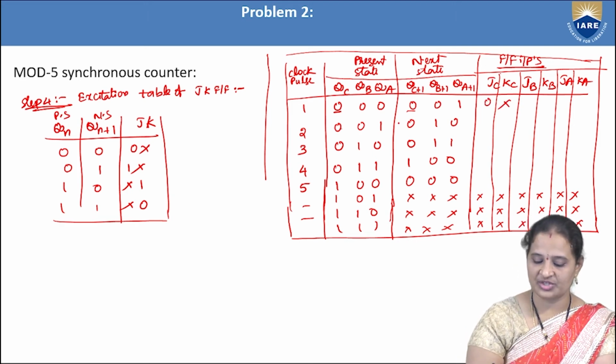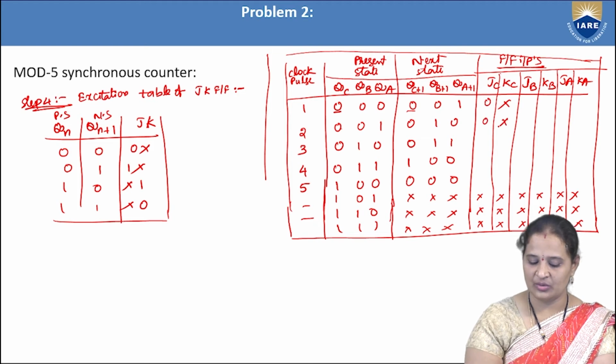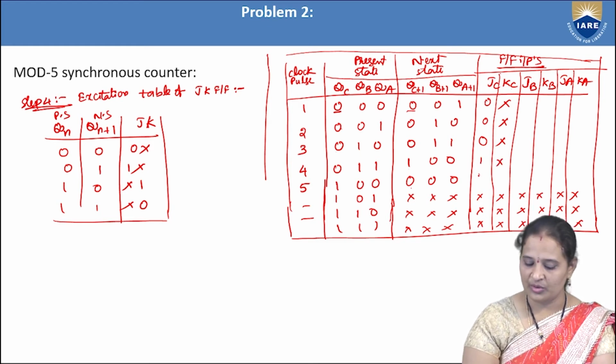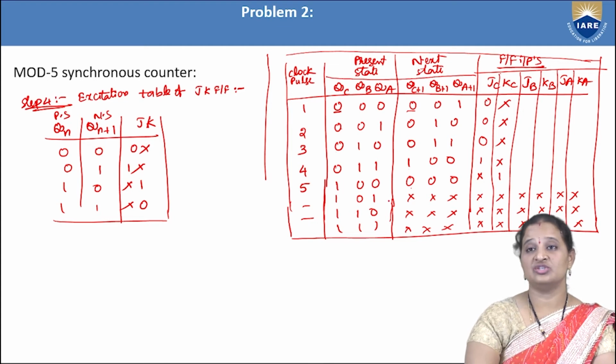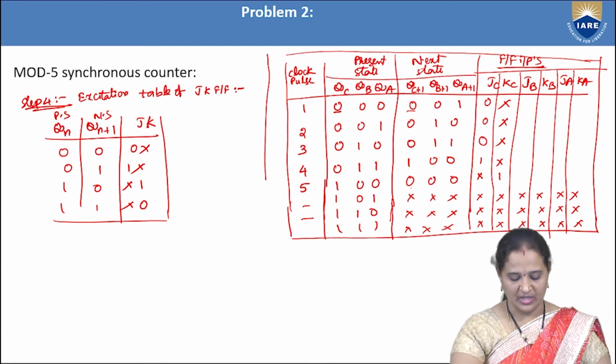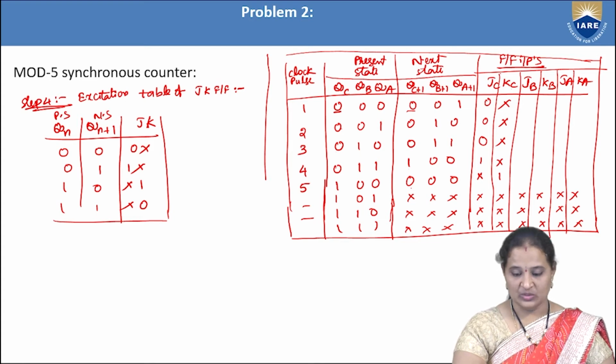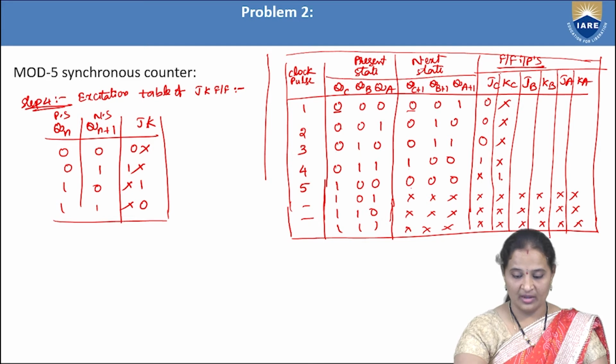When we have a transition 0 to 0, again 0, don't care; 0 to 0, 0, don't care; 0 to 1, it is 1, don't care; and 1 to 0, don't care, 1. So this is JC, KC. I hope it is clear.